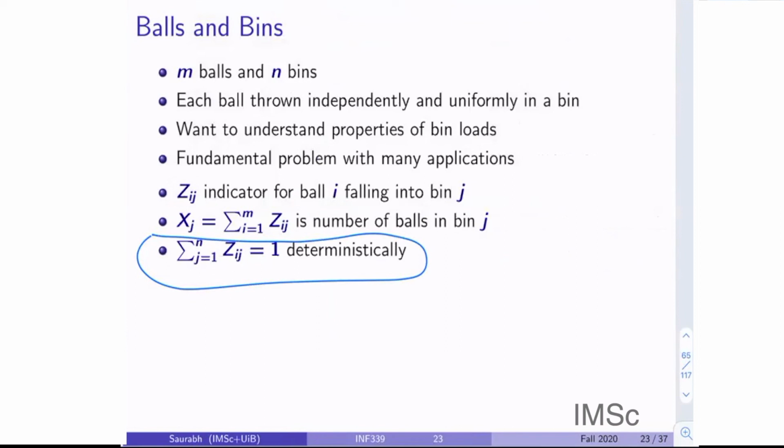This is the summation of indicator random variables, and since a ball can go to only one bin in my experiment, only one Zij will be 1 for exactly one j and 0 for all other j.